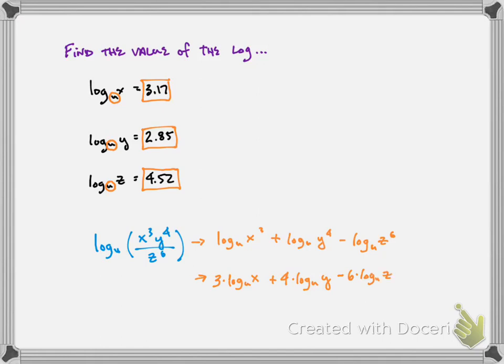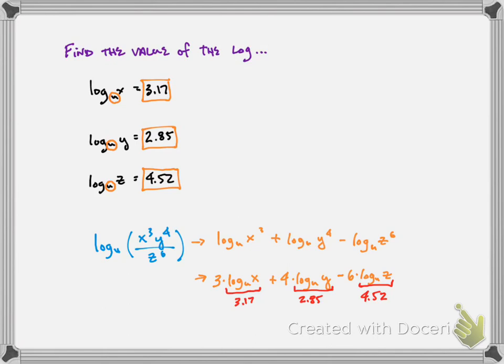At this point, we're going to do some substitution. Log base u of x is 3.17. Log base u of y is 2.85. Log base u of z is 4.52.